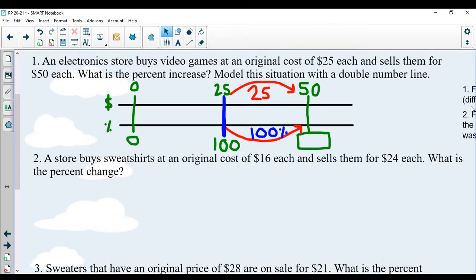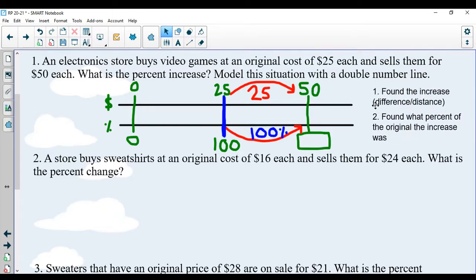There are some steps that I just did. I actually typed them here so that we could review them. The first thing I really did after I got my number line situated was I found whatever the increase amount was. In other words, I found the distance between these two numbers or the difference between them. Well, what is that difference related to? It is the difference from the original to the new cost, the increased price in this case.